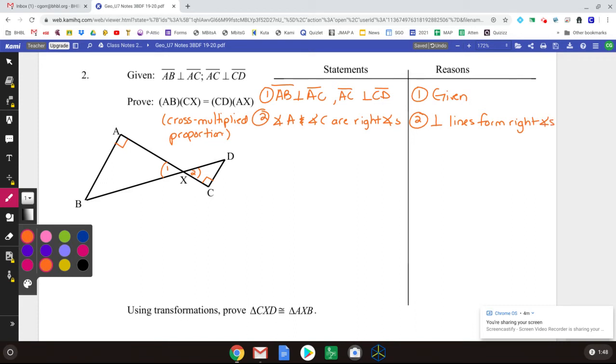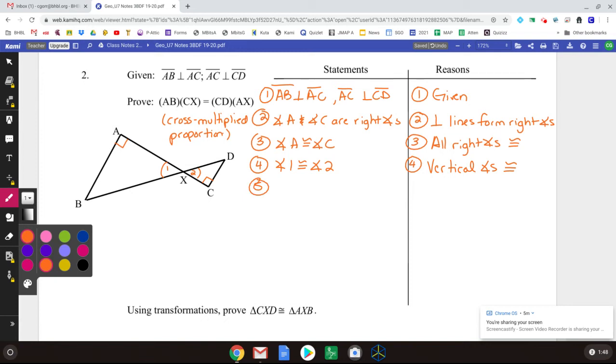Since they're both right angles, I now know that angle A is congruent to angle C because all right angles are congruent. So now I have one set of angles. Now I'm going to say that angle 1 is congruent to angle 2, and that's because I know my vertical angles are congruent.